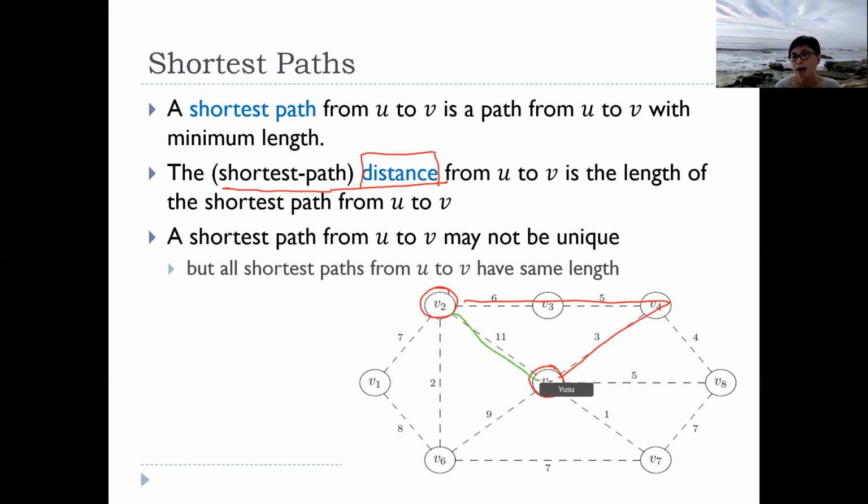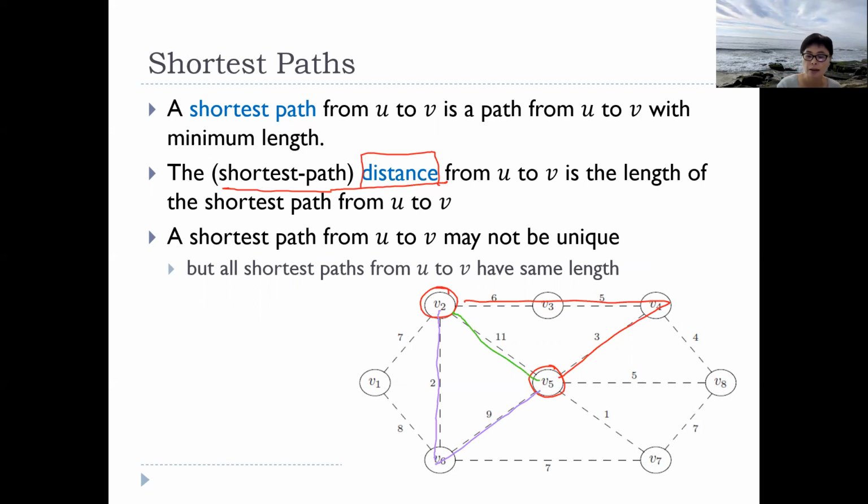The weight is 11, and it turned out this is the shortest path. You cannot go from V2 to V5 in shorter lengths. But I have another path going from V2 to V6 and then V6 to V5. This one also has length 11. So I have multiple shortest paths going from V2 to V5. They all have the same shortest possible distance.